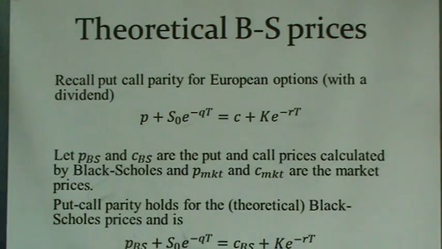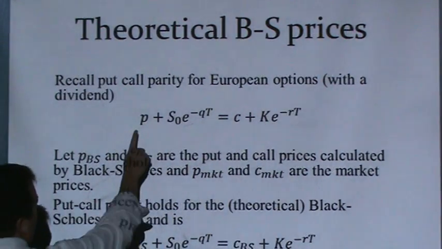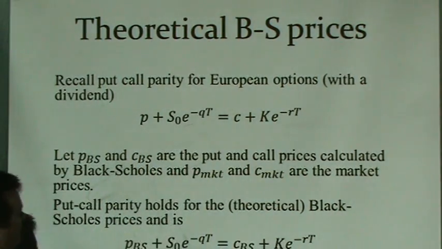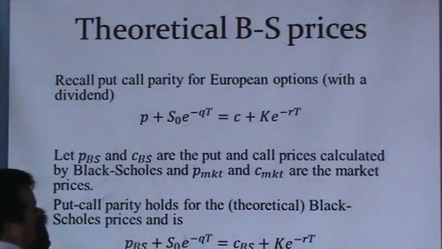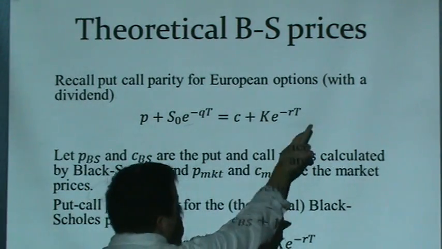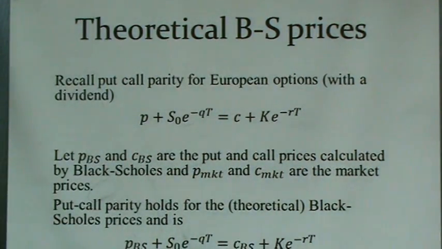just some side facts about coming up with the Black-Scholes price compared to the real market price. Recall the put-call parity for a European option. It basically says the put price plus the current stock price discounted, and we could also add in a dividend if we wanted to, equals the call price plus the strike price discounted with time.